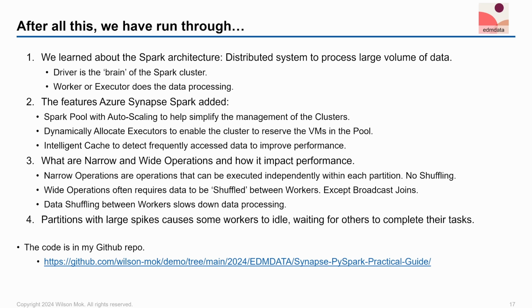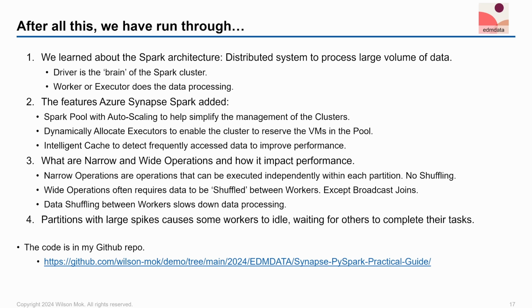The feature that Synapse Spark added is the pool to allow you to do auto scaling and reduce your management of the clusters, dynamic allocation of executors to reserve the VMs that are in your pool, and intelligent caching to detect when your data is being used multiple times and put it in cache so you don't have to do that yourself, and you can improve your performance.